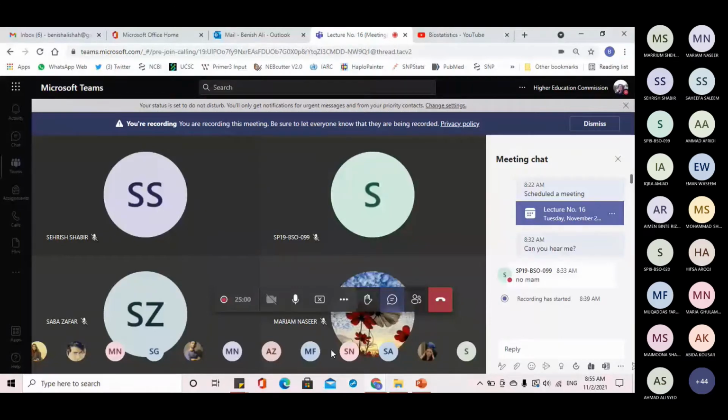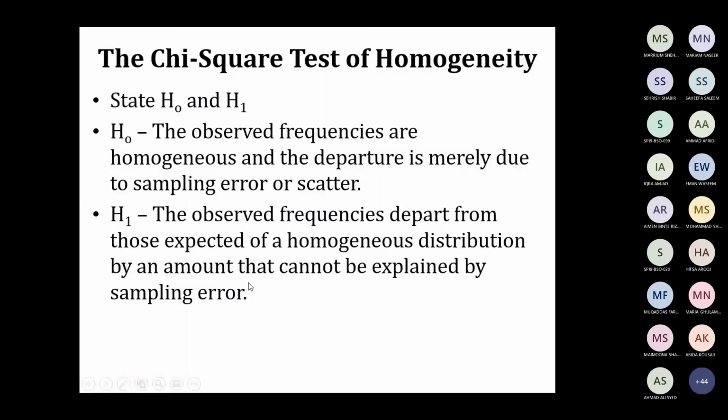And in other words, we can say here that the null hypothesis is that observed frequency is equal to expected frequency, right? Equal to means that this is non-significantly different from the expected frequency.